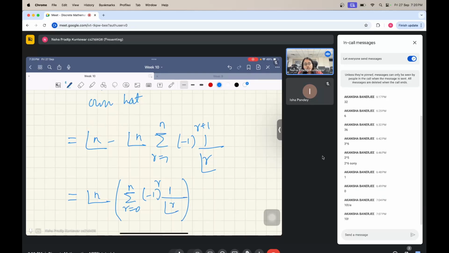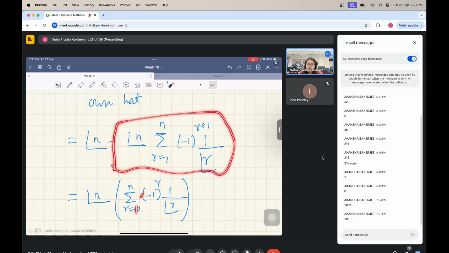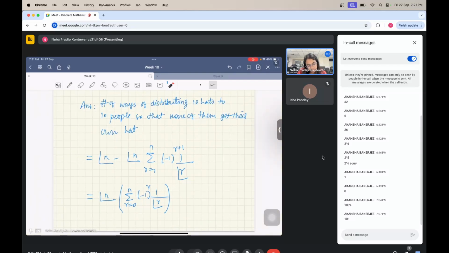So notice that these two are essentially the same terms, because when I substitute r to be 0, then this entire term becomes 1, and that gives you this n factorial outside. And for r is from 1 to n, you exactly get this equation. So this is just a succinct way of writing this.